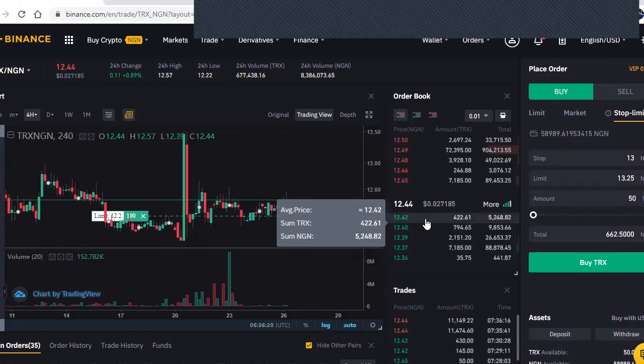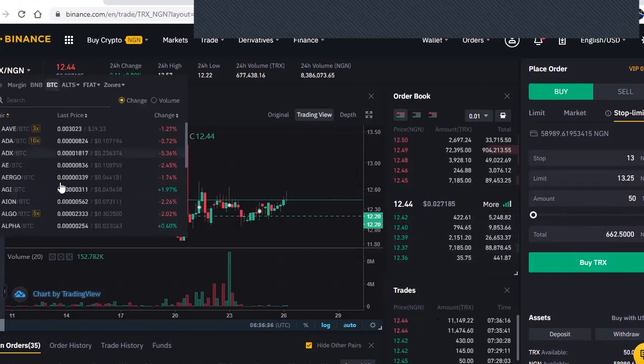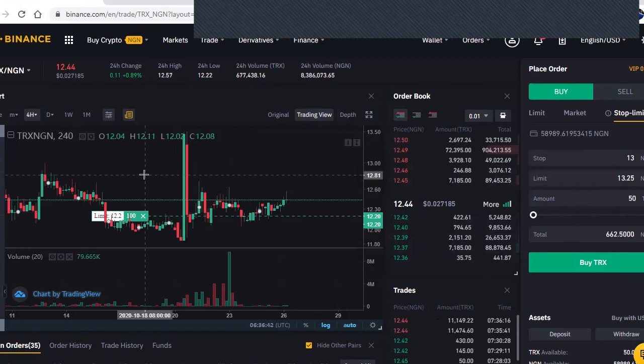So when a buyer buys or a seller sells, a trade will occur, and this is where you see the activities. Okay, so we've been able to look at the market pair. We talked about charts.